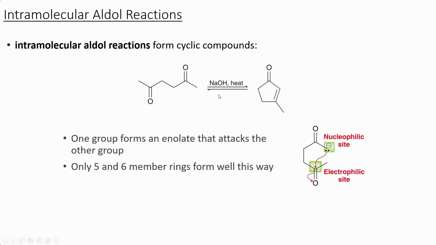This will always result in a ring, and generally will form 5 and 6 membered rings. 5 and 6 membered rings almost always form the fastest, and so this reaction will only work in an intramolecular variation where a 5 or 6 membered ring is formed.